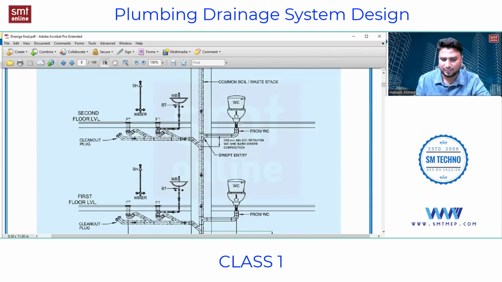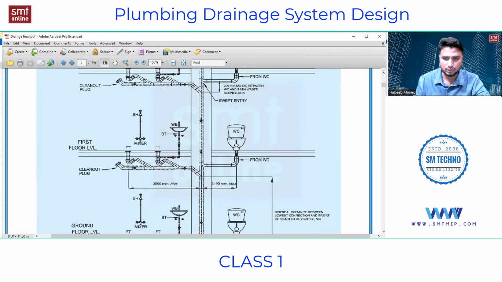Now, apart from this, there are some simple things given over here. They say that the distance of the WC from the stack, through the horizontal pipe, should not be more than 2400 mm. That means from the WC to the stack, the distance should not exceed 2.4 meters.